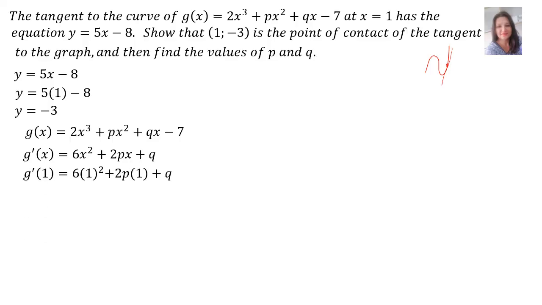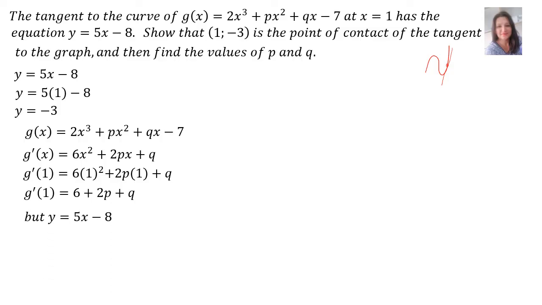Everything is happening at x is equal to 1, so in x's place I substitute 1. Then, please note, can you see I did not equate this gradient equation or derivative to 0, since this is not a turning point. What is happening is, remember, the derivative means the gradient of the tangent.